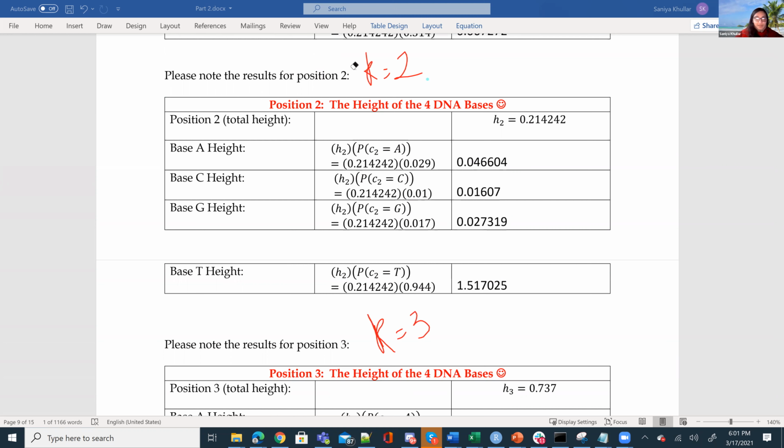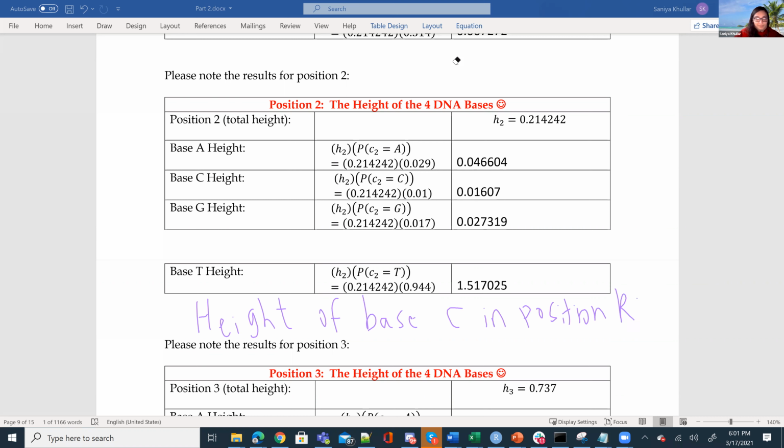So to bring it home again, when we have a total height, for your height you can find the base contribution of a base. So this is C, but C can be any of the 4 bases in position K. It's just going to be equal to this H of K multiplied by the probability that C_K equals C, of having that base.